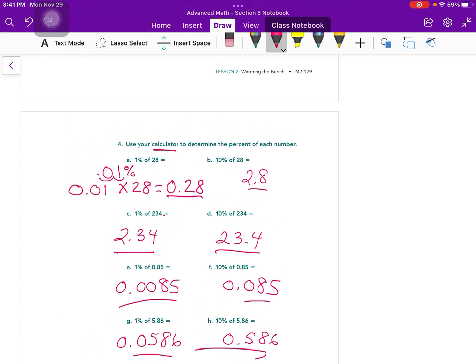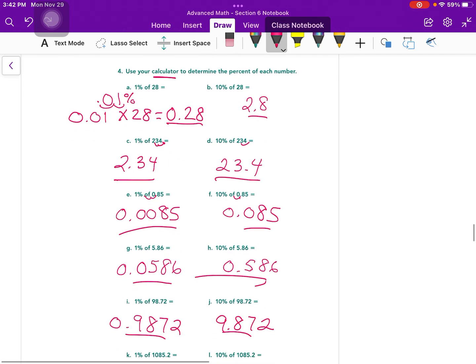And from where it was originally, it looks like for 1% you move it 2 places, and for 10% you move it 1 place, not 2 places. Let's see. On this one, you'd move it 1 place. On this one, you move it 2 places. Yeah, I think that's what's happening. Every single time, 2 places for 1%, and I move it 1 place for 10%.